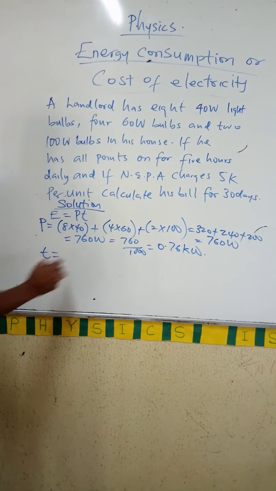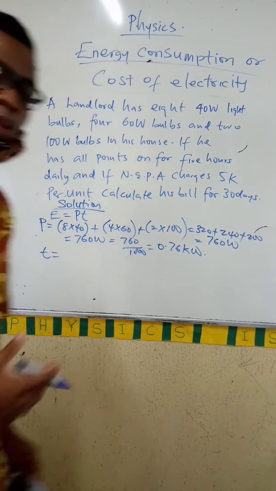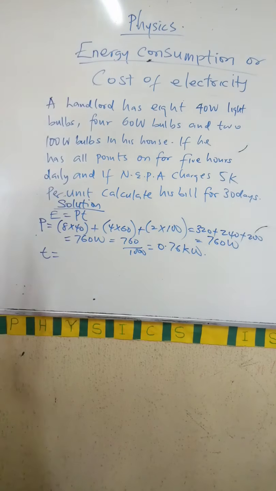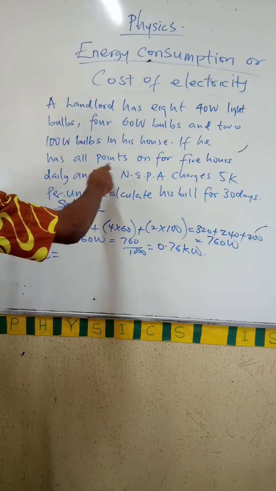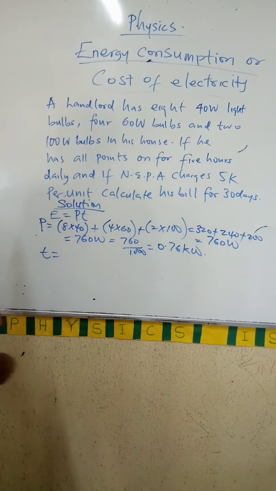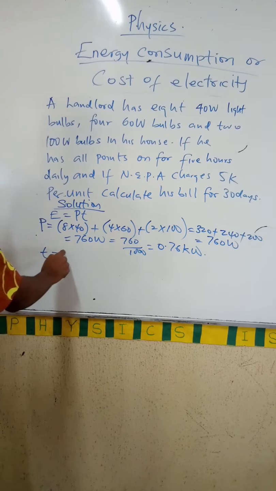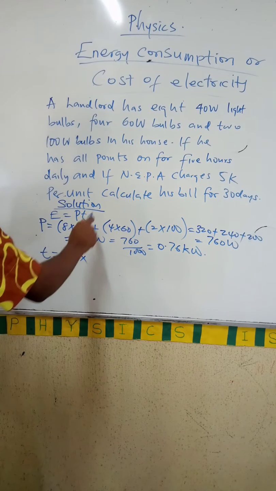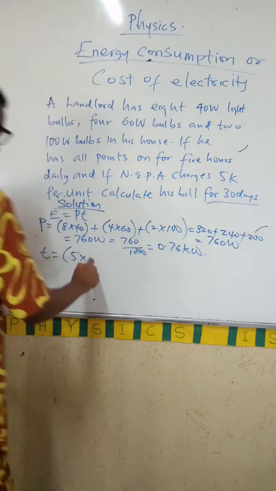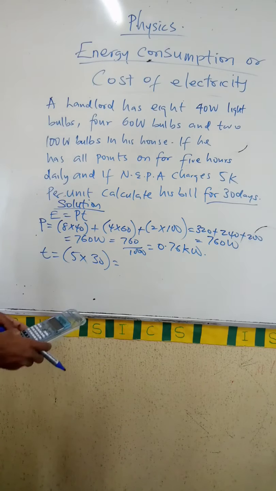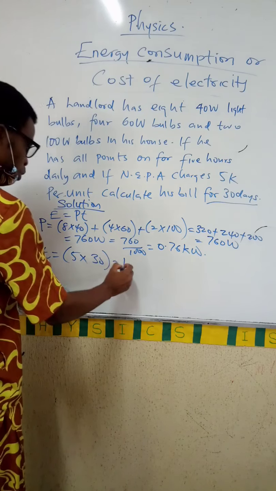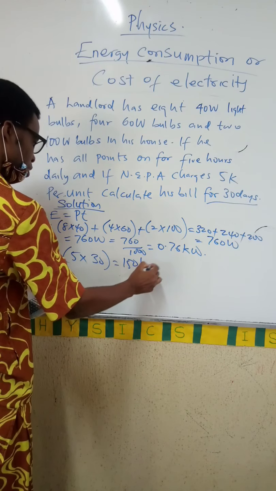The next one is to get our time. The time must be in hours. So if he has them on for 5 hours daily, for 30 days, 5 times 30, that will give us 150 hours.